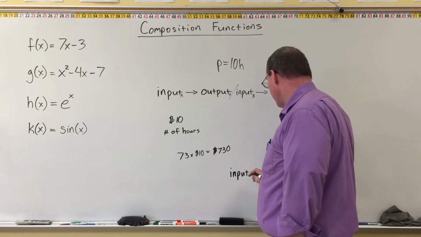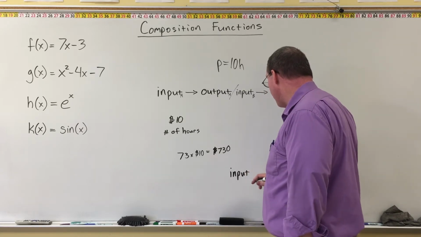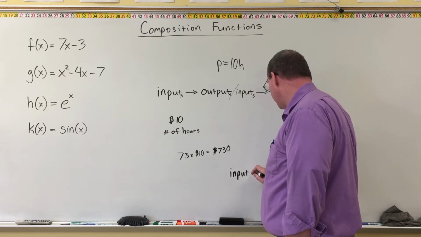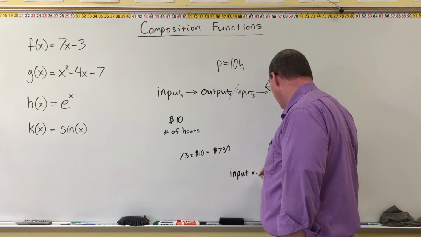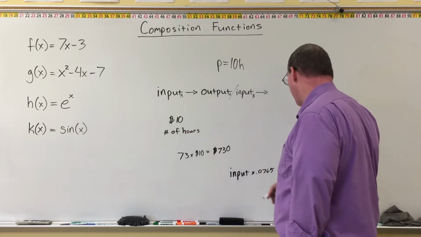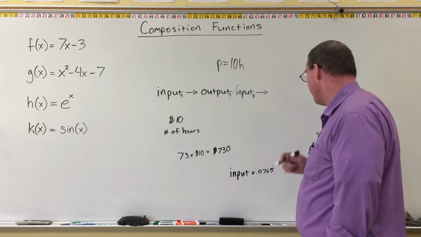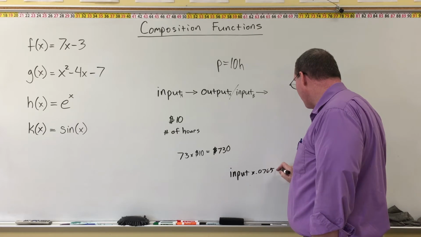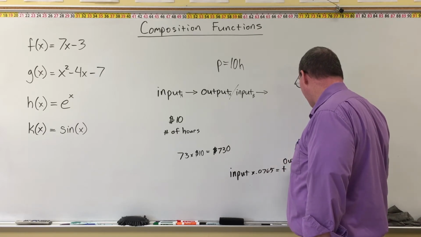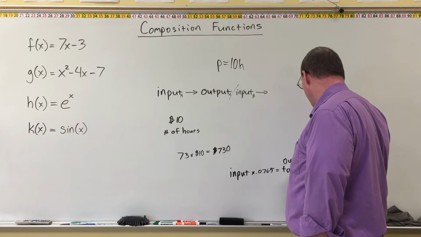Typically, you multiply that by a percent, around 0.07 something, I think 0.0765, and I can't remember exactly. That gives you your output, which is taxes.